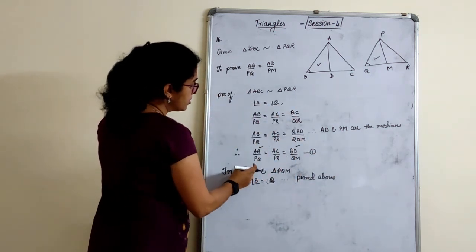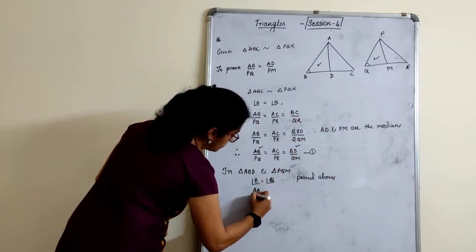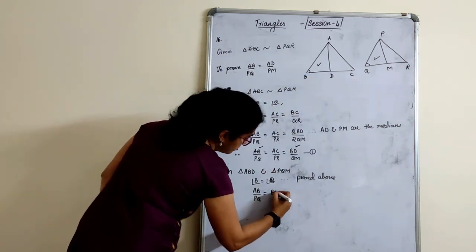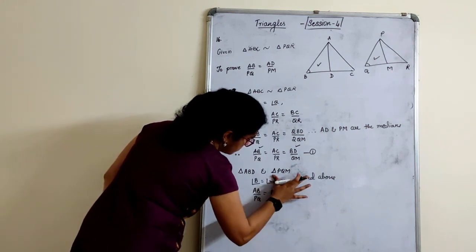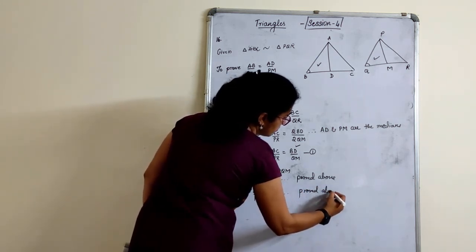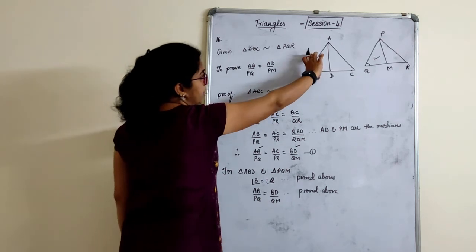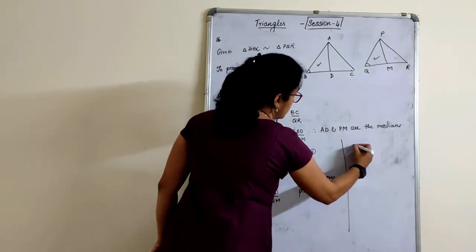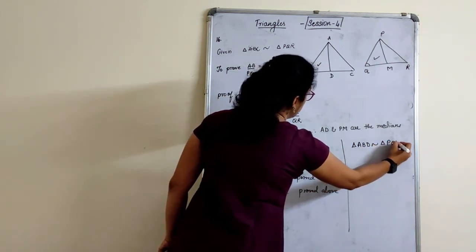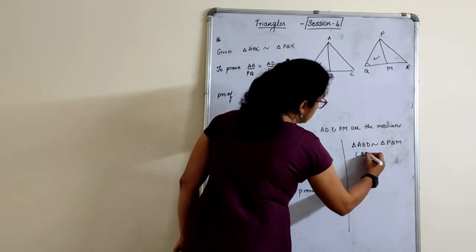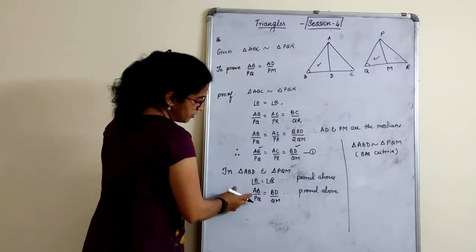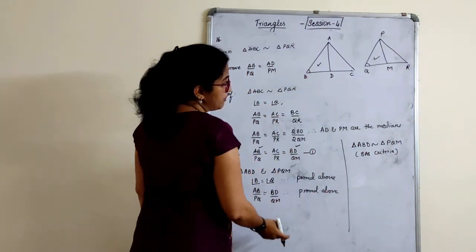Here, can I also tell that AB upon PQ is equal to BD upon QM? Reason? Proved above. Which one? One angle, two sides. Therefore, triangle ABD is similar to triangle PQM by SAS criteria. From SAS criteria, what will be the proportional sides?